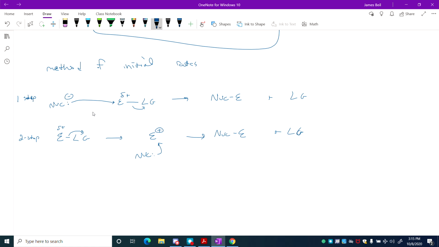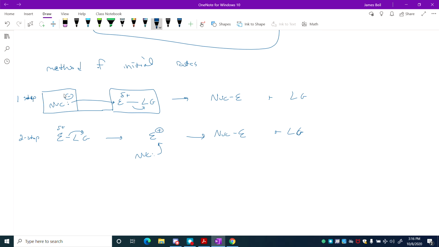Well, if I look closely at these mechanisms, what I'll see is, in the one-step process, both reactants are involved in the collision. Both reactants have to be around colliding.